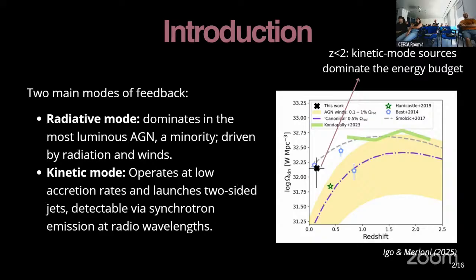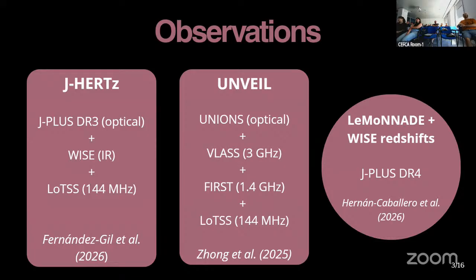So the goal in this project is to determine the ages of the jets, to try and in future work relate the properties of the host galaxies with the AGN jets. First we're going to start with the sources in the GHz catalog, which is a multi-wavelength catalog that combines optical, infrared, and low frequency radio data from about 500,000 sources.